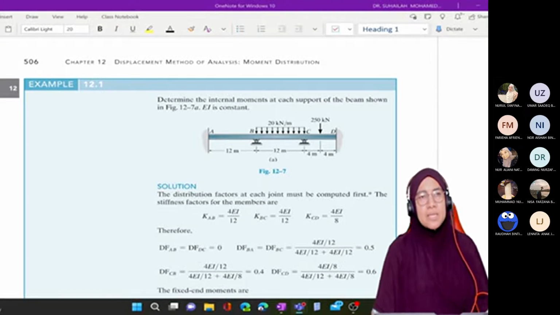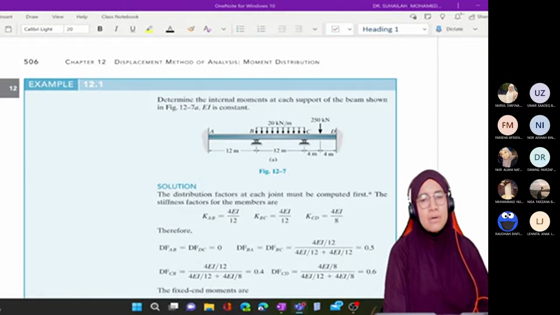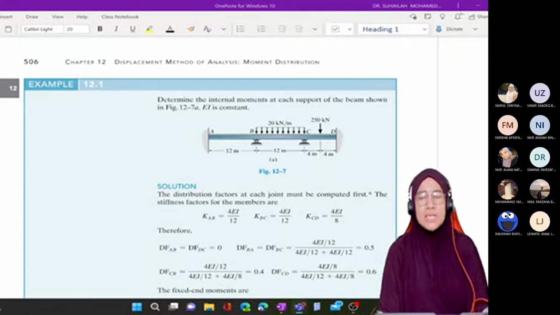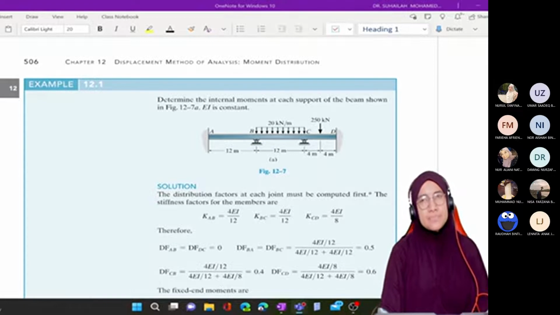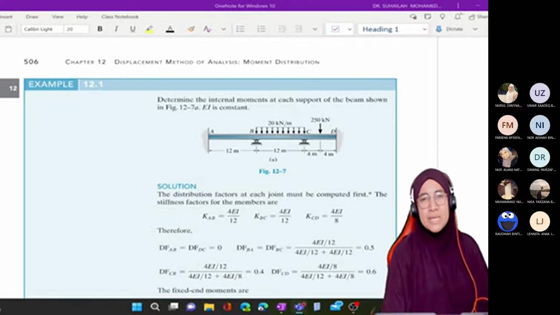Under beam analysis, as I mentioned in my previous video, we cover beam analysis with subjected to loading, and another one is beam with the effect of support settlement.